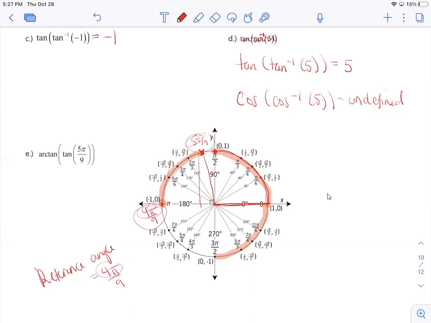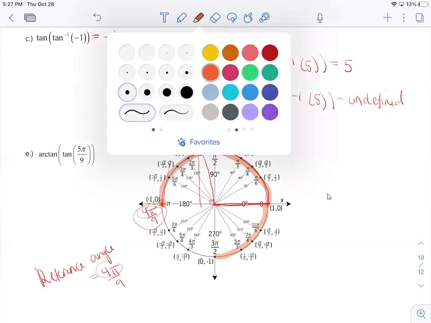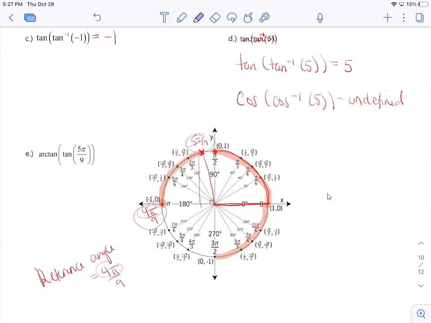Now here you get to choose, and hopefully you choose correctly. You have an option. Because you're in arctangent world, you either go here to 5 pi over 9, or you use your reference angle and go in a different direction to here. How you make that decision is where 5 pi over 9 is, are your tangents positive or negative?